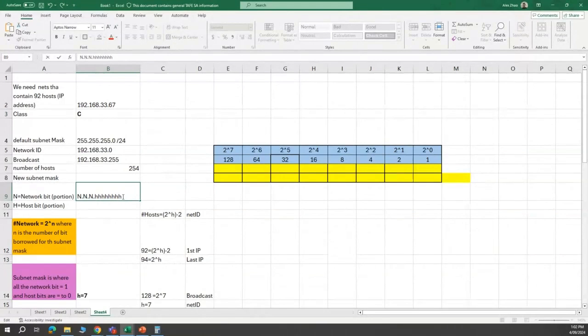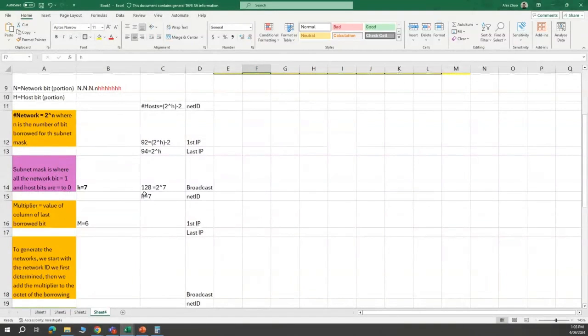Those bits are going to be remaining h bits, and this one now becomes a network bit. So the format of the last octet is going to be n h h h h h h h.